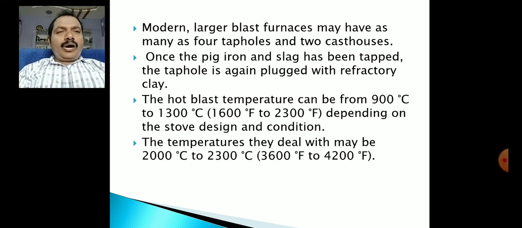Modern larger blast furnaces may have as many as four tap holes and two cast houses. Once the pig iron and slag has been tapped, the tap hole is again plugged with refractory clay.